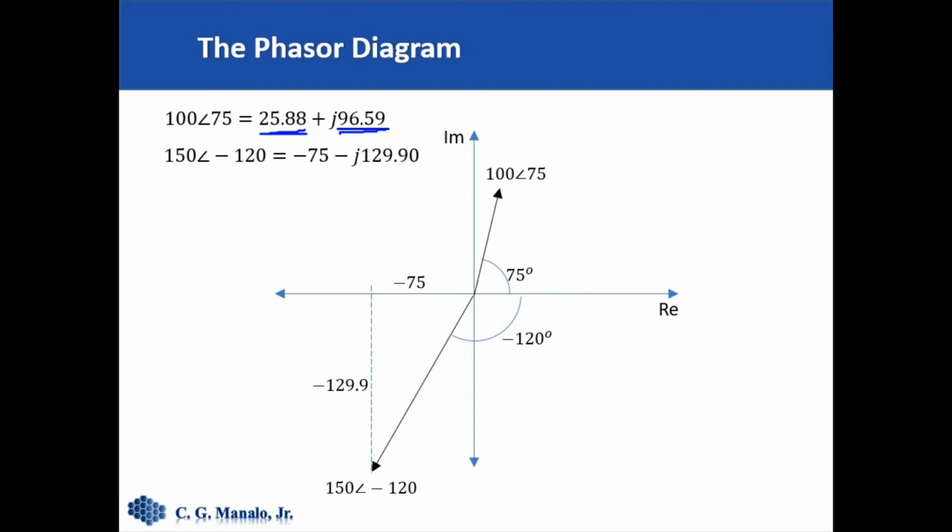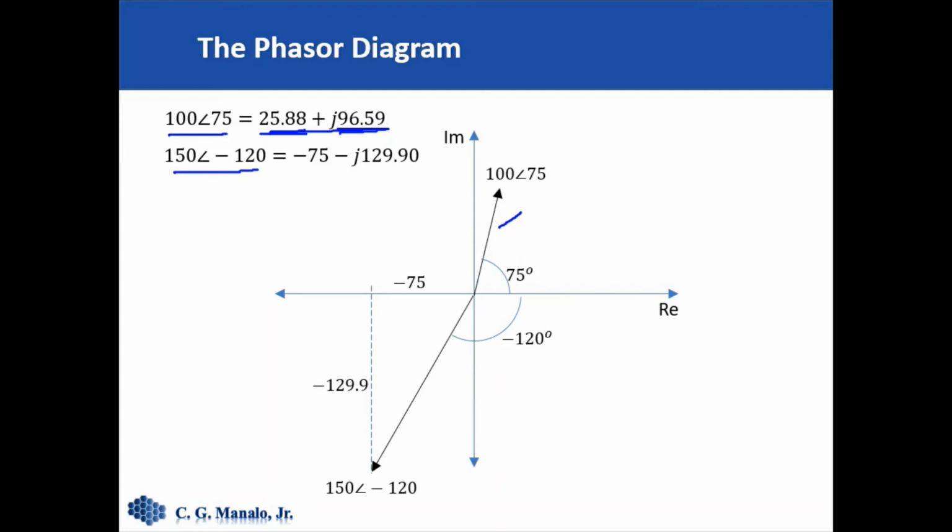So we could actually draw this like a vector in the complex plane. For example, if I have this phasor in polar and this is the rectangular, this would be its diagram in the complex plane.